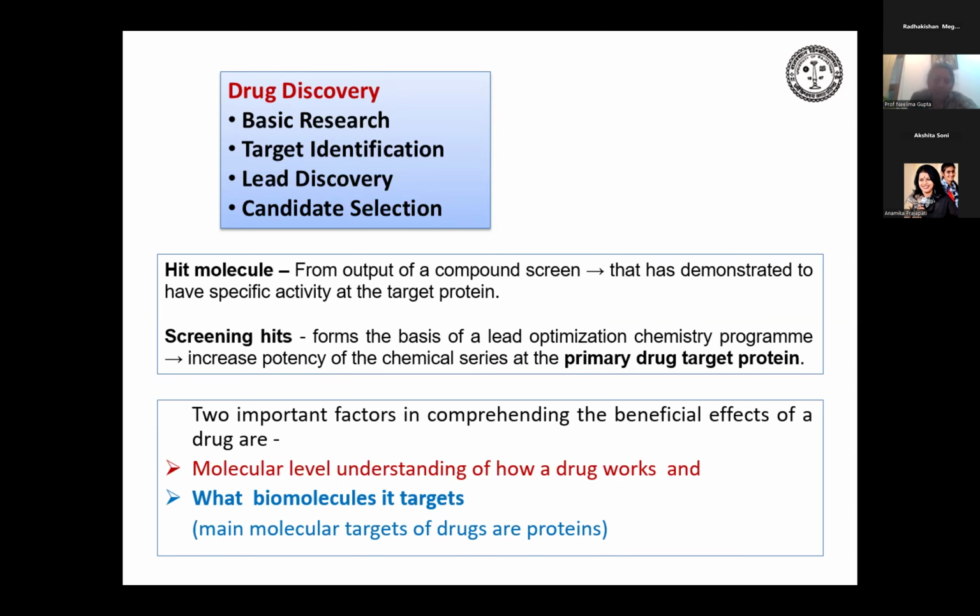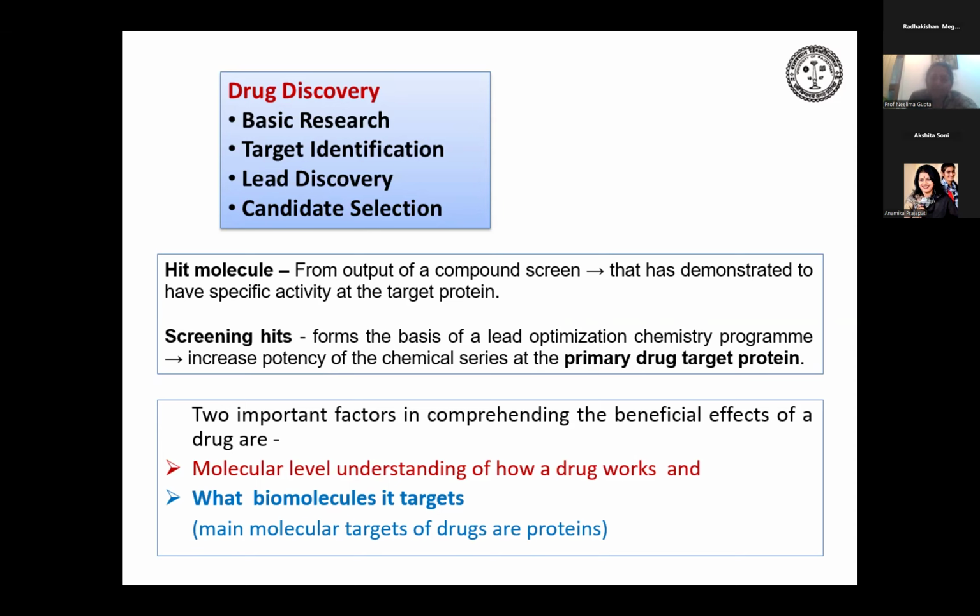So the two important factors in comprehending the beneficial effects of a drug molecule are, first, the molecular level understanding of how a drug works in our body, and the second is what biomolecules it targets. So we discussed previously that the main molecular targets of drugs are proteins.